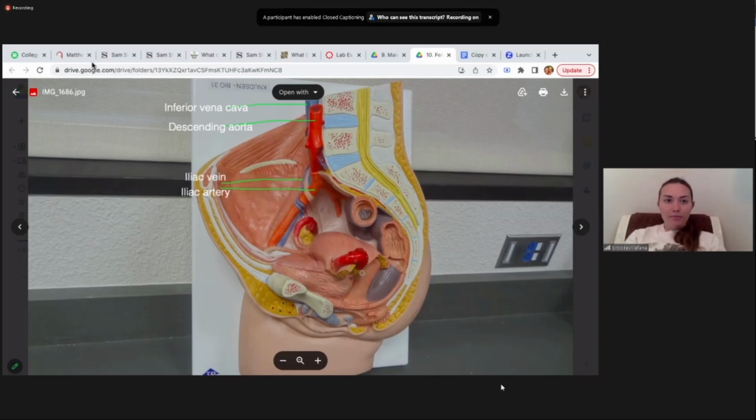The bladder. And then it's the same thing as in males. The ureter is the tube that would connect the kidney to the bladder. Sigmoid colon. I'm starting with the stuff that's the same on both models. Sigmoid colon, this part up here. Rectum as we get closer. Anus down here. Pubic bone.